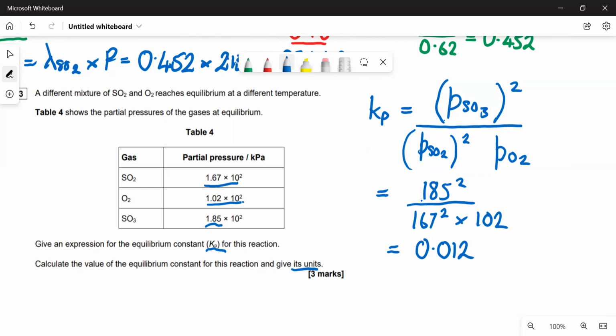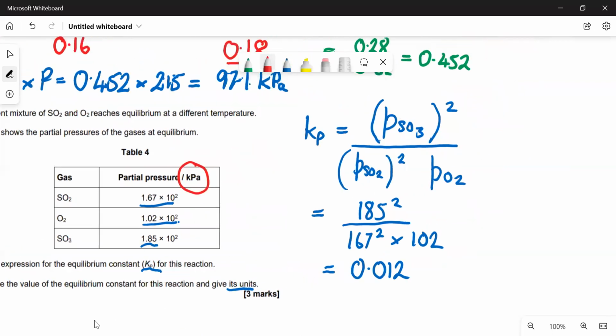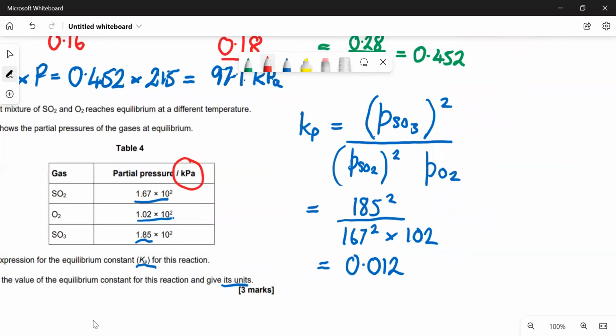Now we need to work out what the units of Kp are. Well, all the pressures are given in kilopascals, so it's going to become some kind of derivative of kilopascals. What we've got on the top is the partial pressure of SO3 squared, so that's kilopascals squared on the top. And then we've got the partial pressure of SO2 squared, so that's kilopascals squared there.